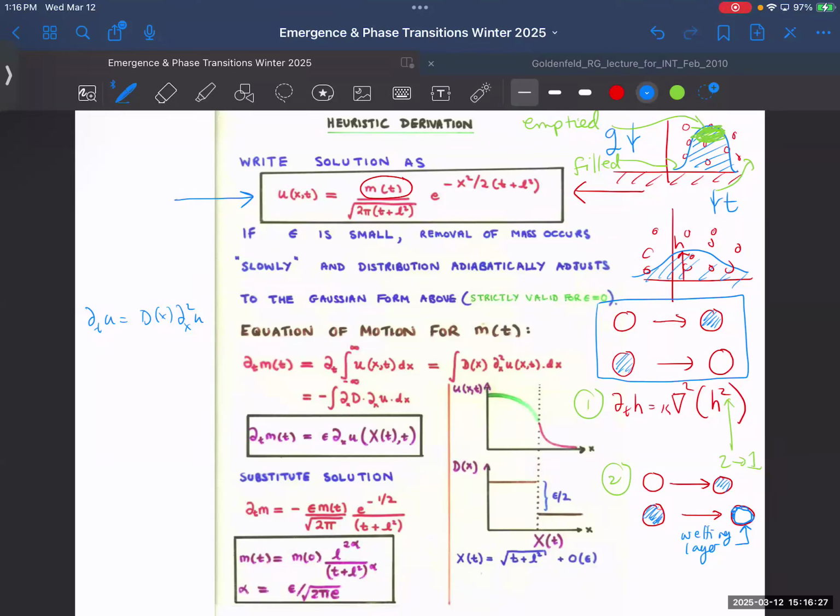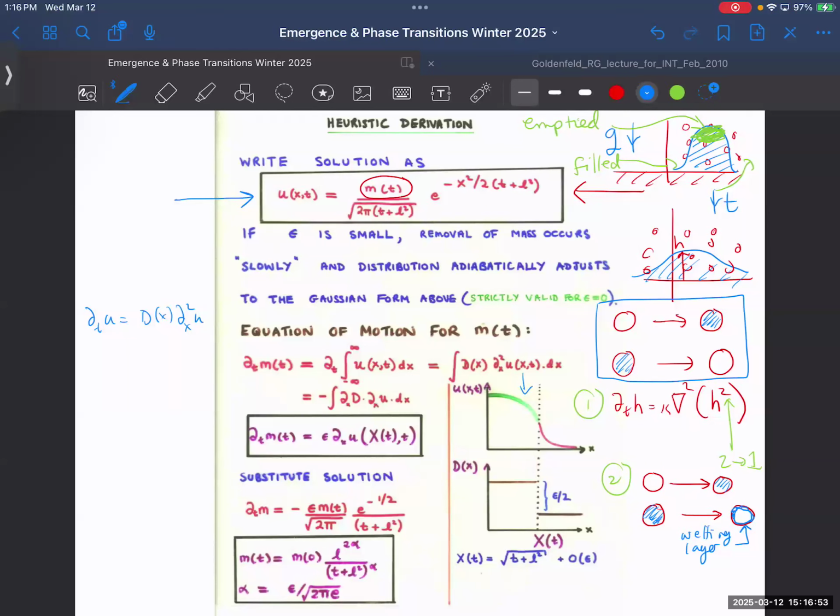Now, what is that spatial structure of D of x? Well, we know this solution, it looks like this, and we know from the way we set up the problem that to the left of this line, the diffusion coefficient has one value, and to the right of it, it has a different value, and it differs by epsilon over 2. And so this diffusion coefficient has a discontinuity in space at this boundary.